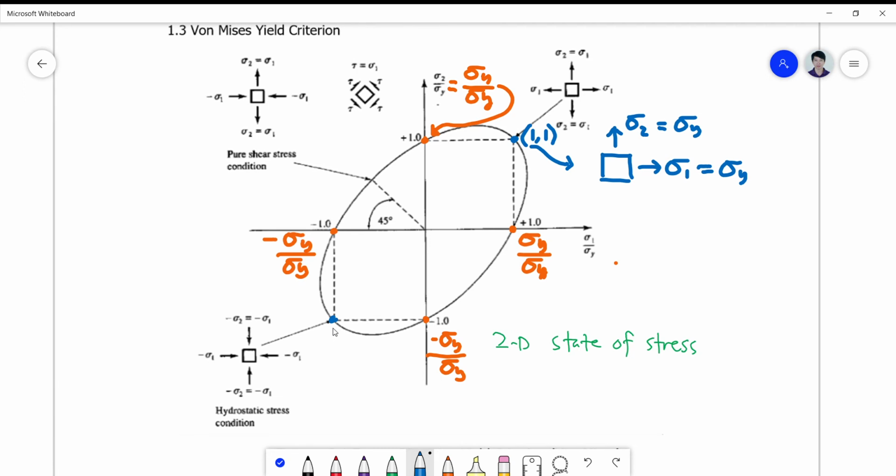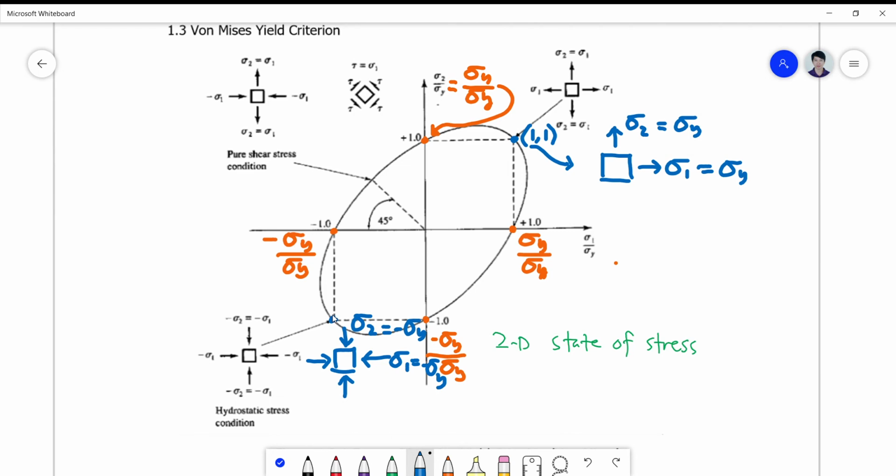So is true with this, but the only difference is that the normal forces are in compression, but they will be signifying a value of sigma 2 and sigma 1 equivalent to negative sigma y and negative sigma y, okay?